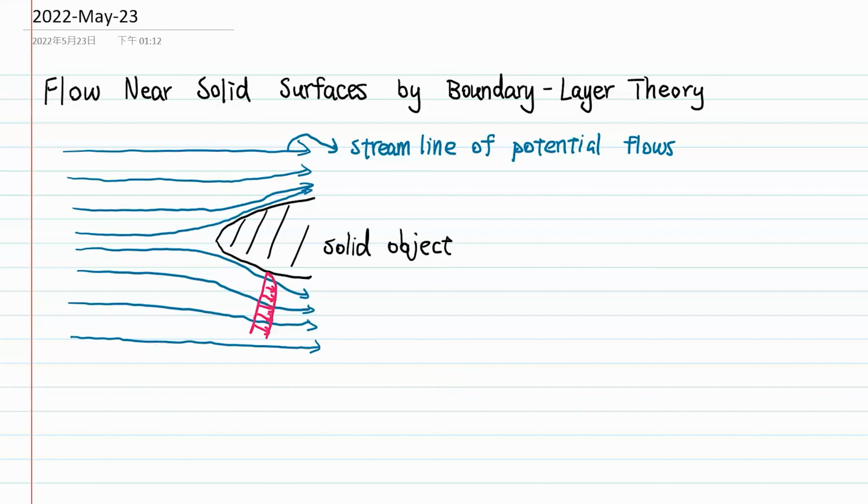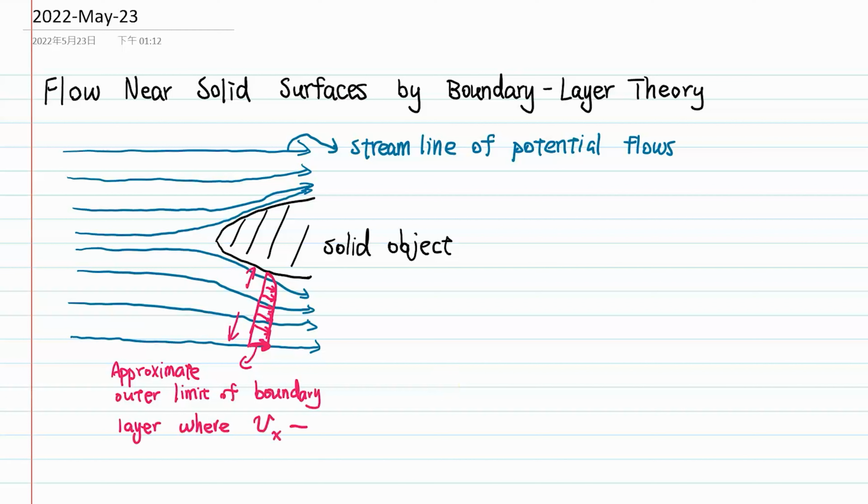Okay? So we can kind of say that up to this point here, we will be approaching this distance here. We can say that it is the approximate outer limit of the boundary layer, where the velocity, which we'll cover shortly, approaches the entrance velocity.